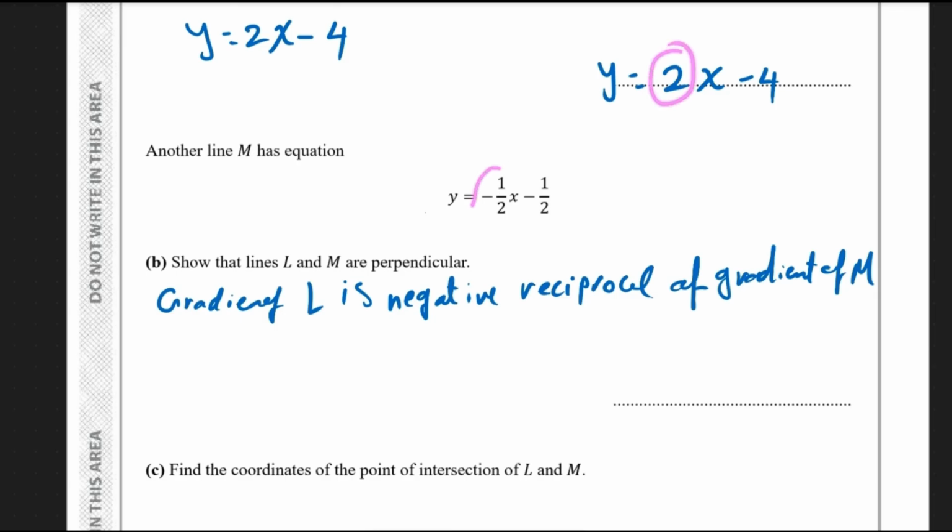This one is minus half. And since this is a negative reciprocal, minus half times 2 equals minus 1, so they are perpendicular.